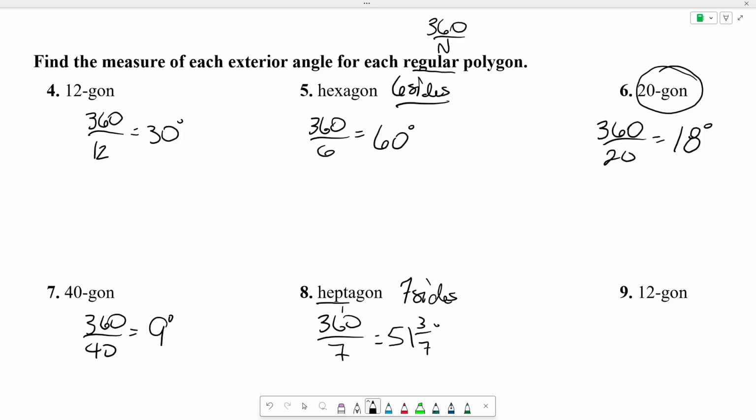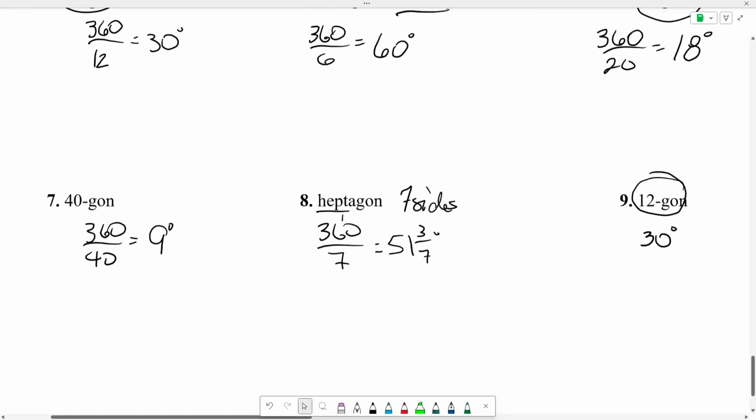Not a pretty number. Oh, and look at this. We already did that one, so pay attention to what you're doing. If you've done it once, don't go do it again. Remember, always try to work smarter, not harder. Nothing wrong with hard work, but if we can, let's help ourselves out.